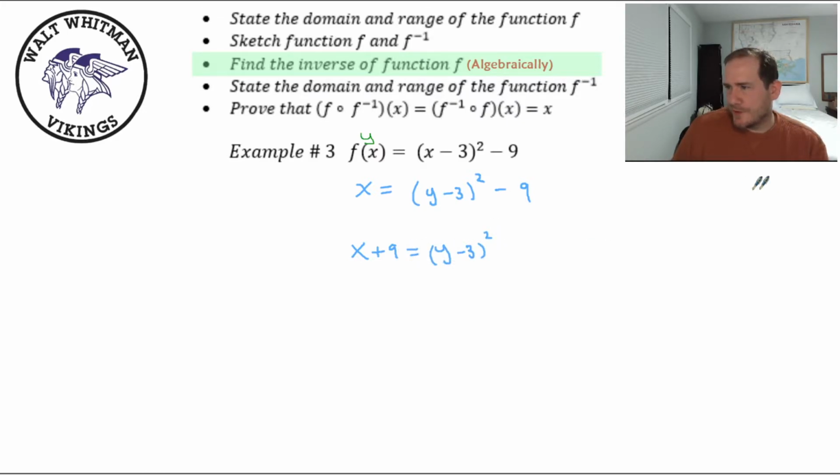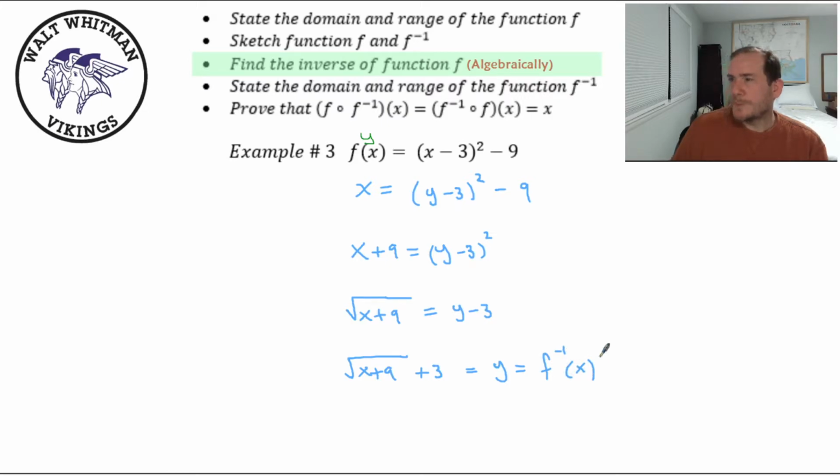Then we would take the square root. Then we would add 3. Yeah, that looks fine. So fine, we did it.